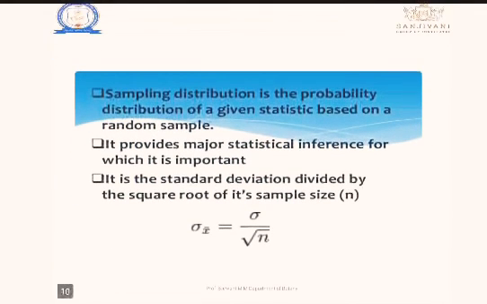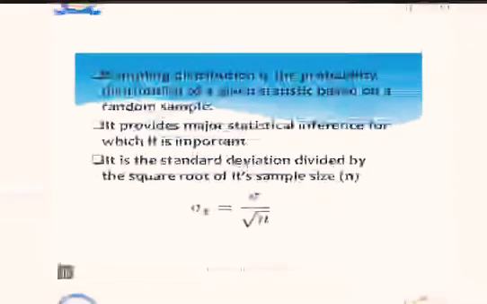A sampling distribution gives the probability of a statistic based on a random sample. It provides major statistical inferences, which is important. The standard deviation is divided by the square root of the sample size, then we calculate the standard error. Most scientists and statisticians give that concept.